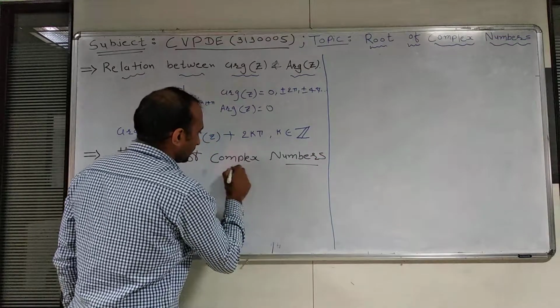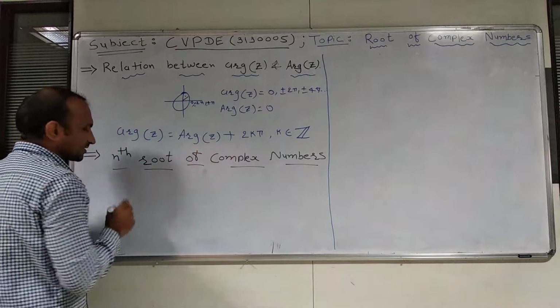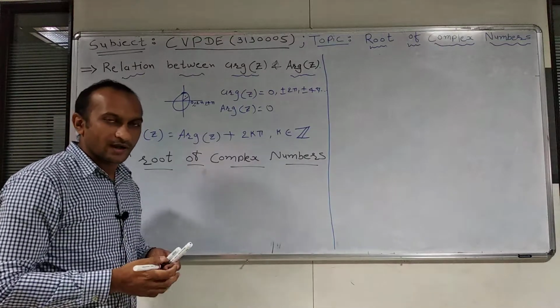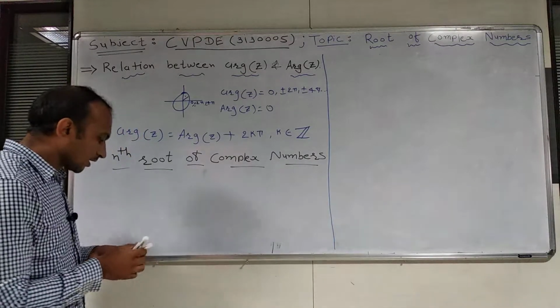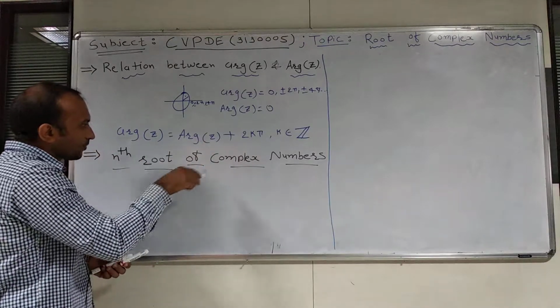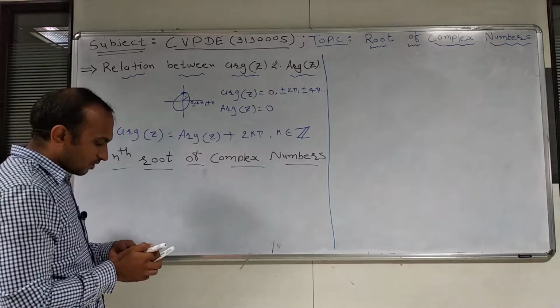Here n is any natural number, that means a positive integer. So we use this to find the formula for the nth root of a complex number.